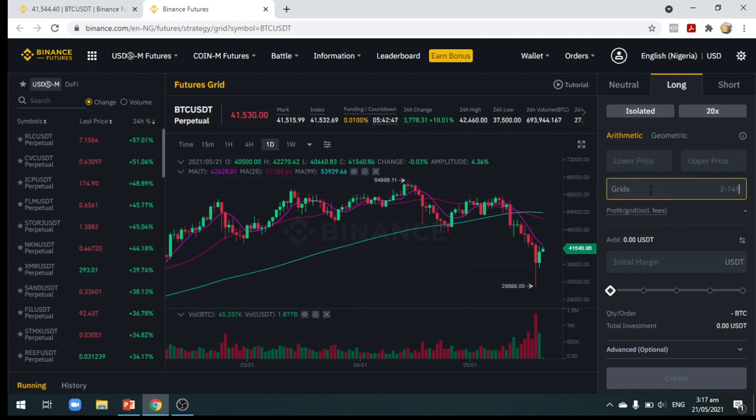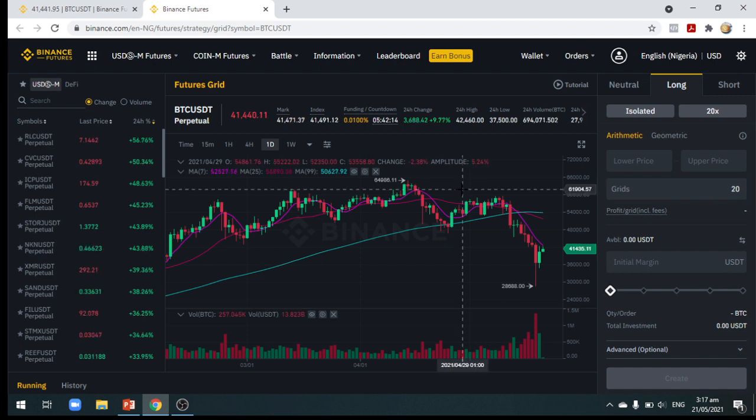Okay, so let's say if you're taking a buy, a long position, in which case you are buying, you can set the number of grids that you want. Let's say 20. So if you set in 20, you're going to have 10 open positions for buy and 10 open positions for sell. So basically, it allows you to have different entry points into the trade.